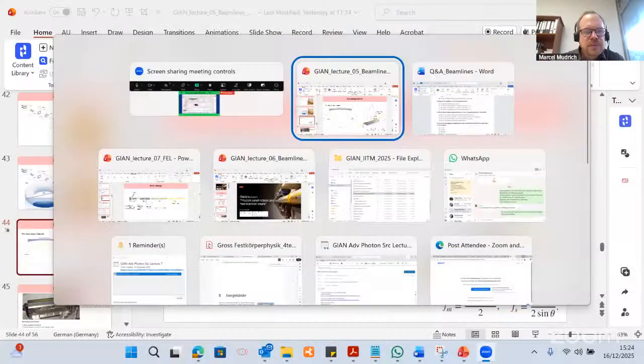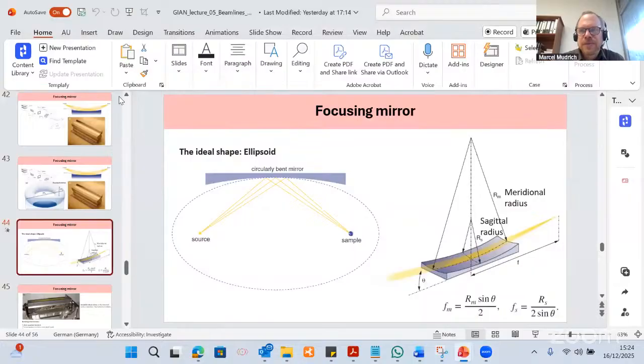And question 6, what is the optimal shape for focusing a point source onto a point target, a point object? That is the ellipsoidal. Let me just quickly share my screen again.